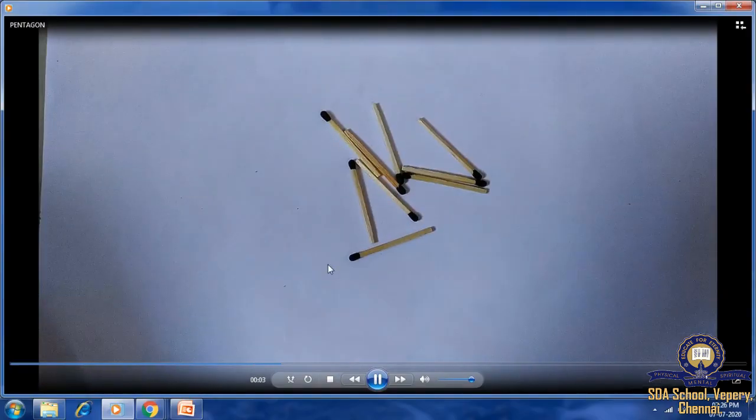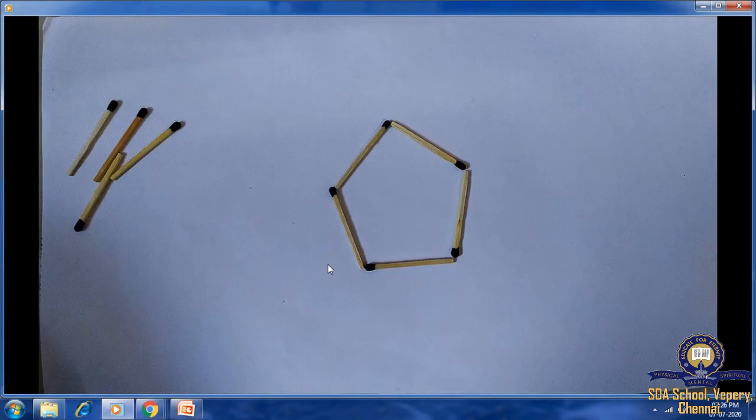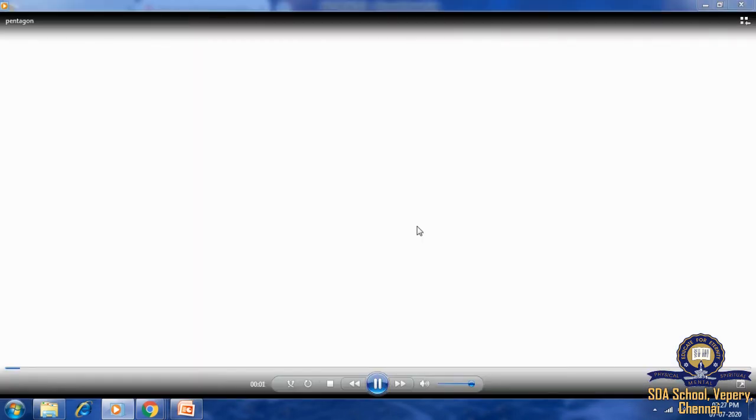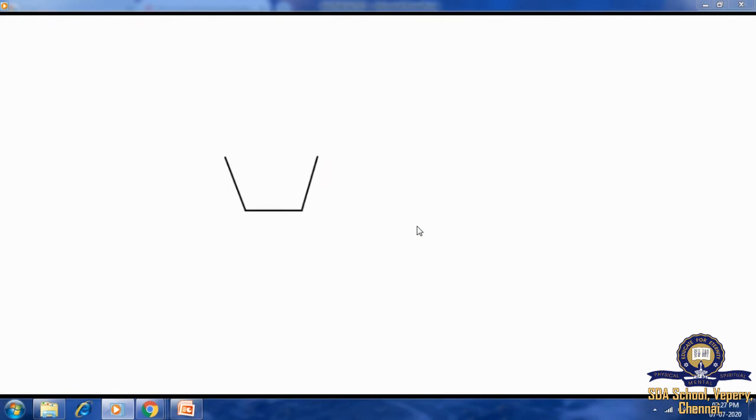Now I am going to make a pentagon shape in matchstick. See the pentagon shape. Now I am going to draw a pentagon shape. Draw along with me.